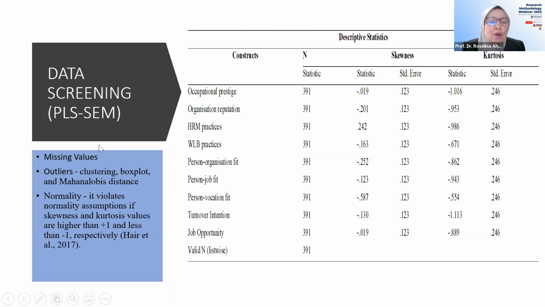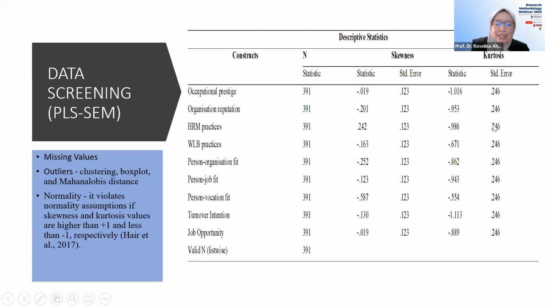And we can check the normality, because normality reflects the violations of the assumptions. This will be represented by the skewness of the data. Of course, it needs to work within plus 1 and not less than minus 1. If you look at the skewness and the kurtosis, they are quite okay actually.